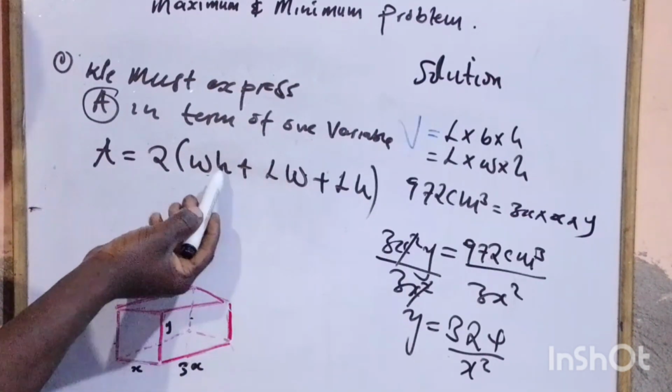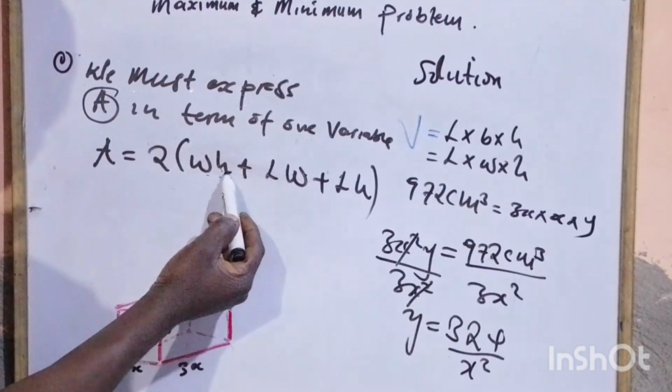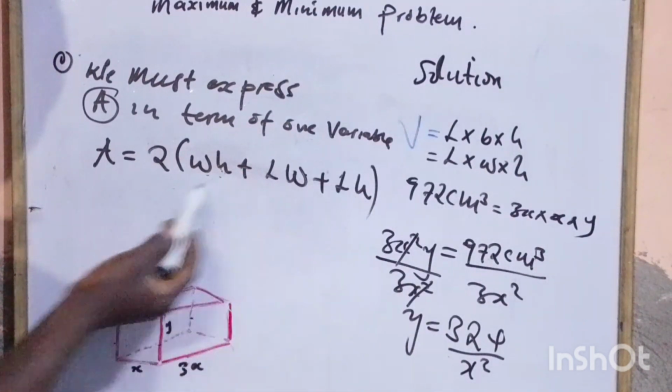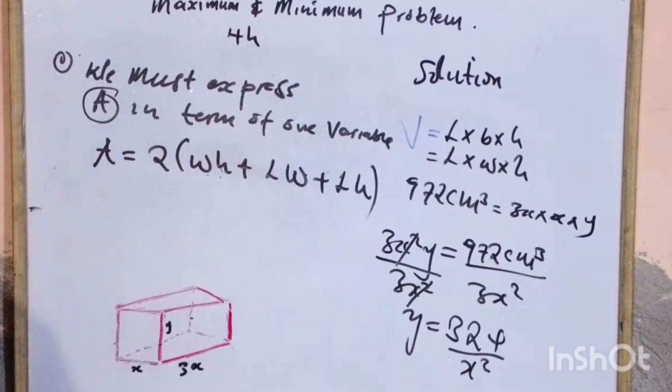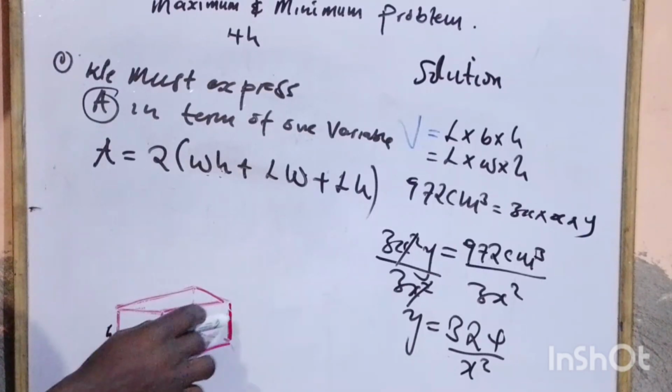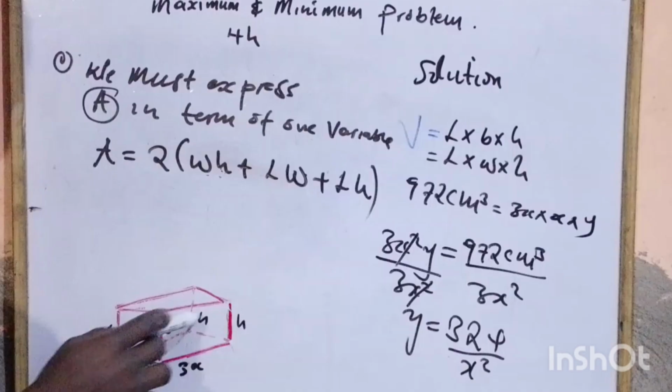If you can see here, you have h plus h, which is 2h, then times 2, you're going to have 4h. From this closed rectangular box, we have 4 heights: this height, this height, this height, this height, so that means we have 1, 2, 3, 4.